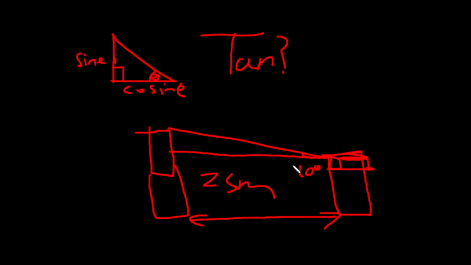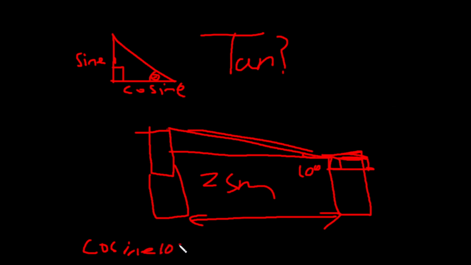So to find this, let's look. We're looking for the hypotenuse, and we're given an angle and the length of the side that is touching the angle. So that means that's cosine.